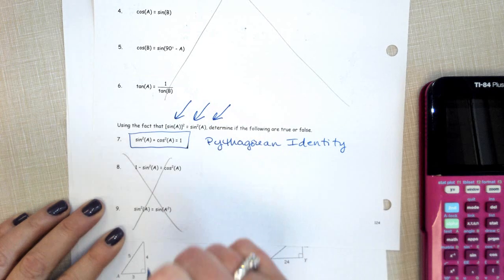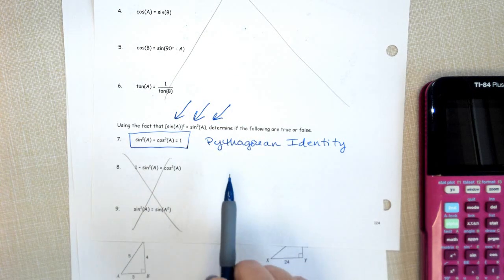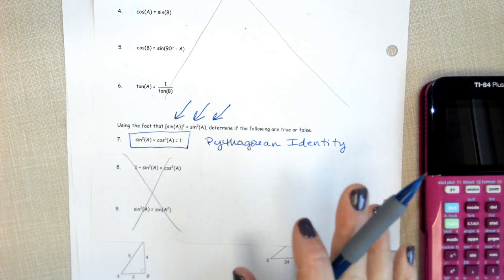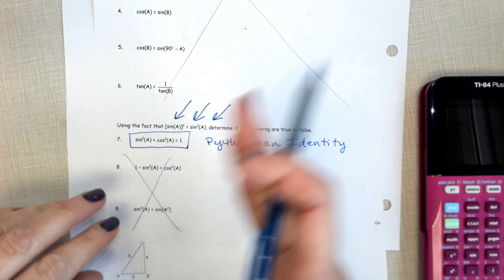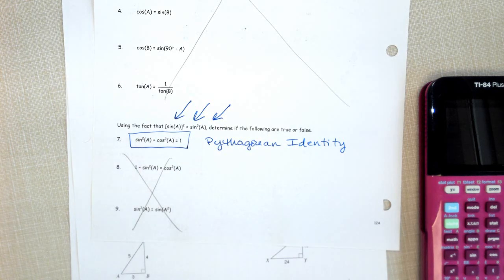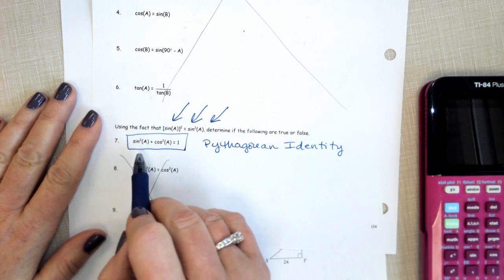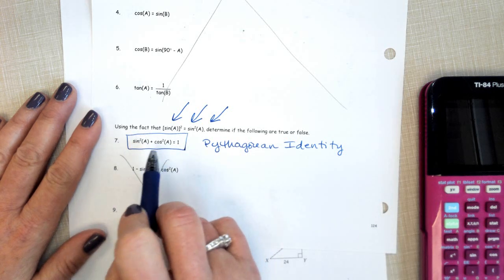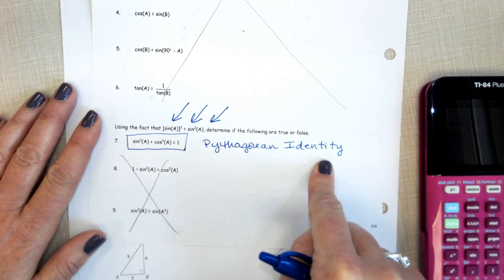But we are not going to spend time on that just because of time. I don't want you to think we skipped it because it's too hard. It's not hard at all. It's just another day or two that at this point in the school year is becoming a little bit precious. But you should note that it's not challenging. It's the most famous, what they call the Pythagorean identity.